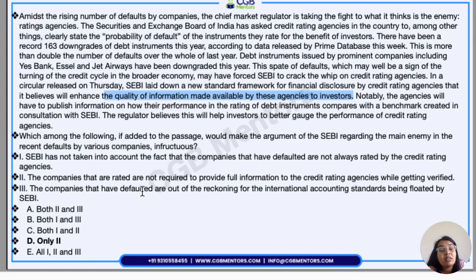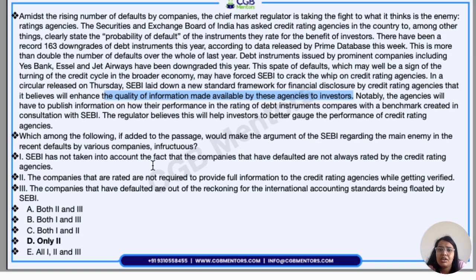Companies have defaulted; other options are out of reckoning of the international accounting standards. International accounting standards have not been mentioned. Something which is not mentioned here cannot be part of an argument related to the same passage.